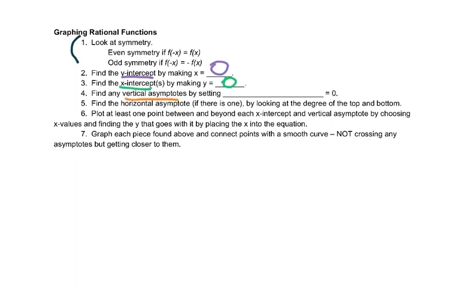Then we'll find the vertical asymptote by setting the denominator equal to 0. And then we find the horizontal asymptote by looking at the degrees. And then finally, we have to plot points. And then we connect the points with the curve, not crossing asymptotes. Okay, so let's try a few of these.